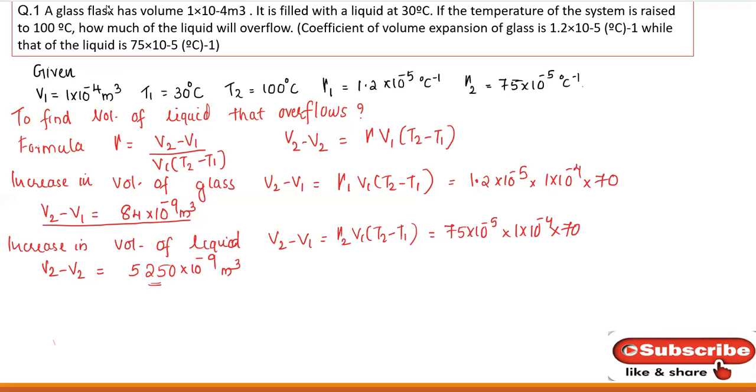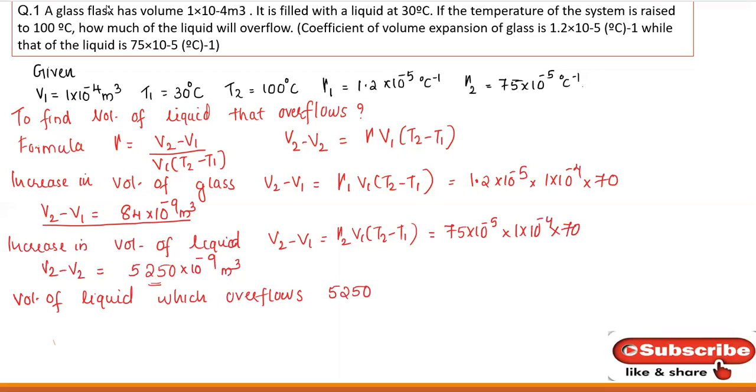So it will overflow. Now we want to find the volume of liquid which overflows. To find it, we have to take the difference in the increase in volume of liquid and glass.